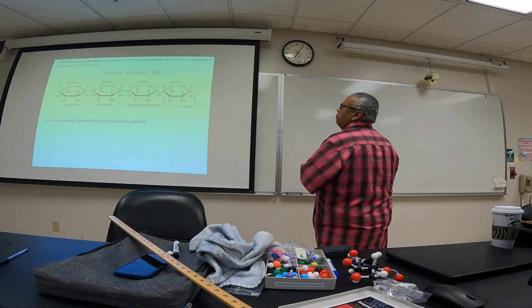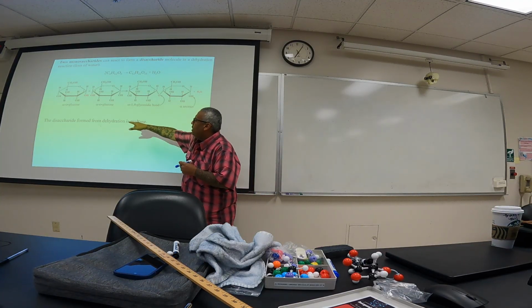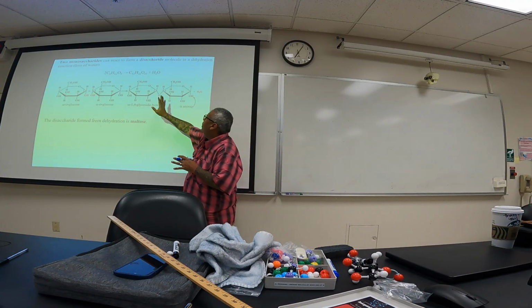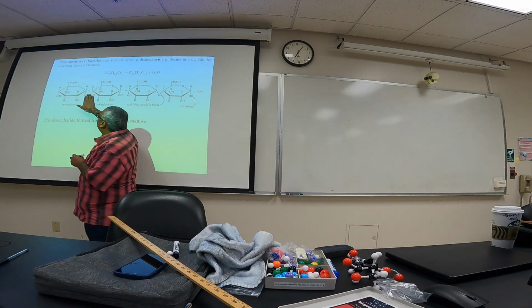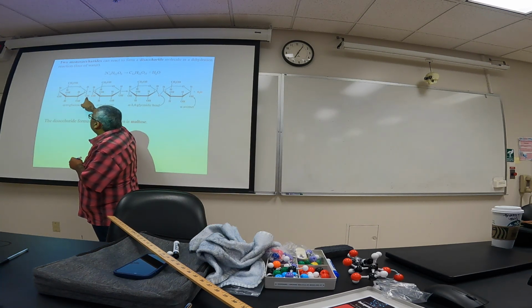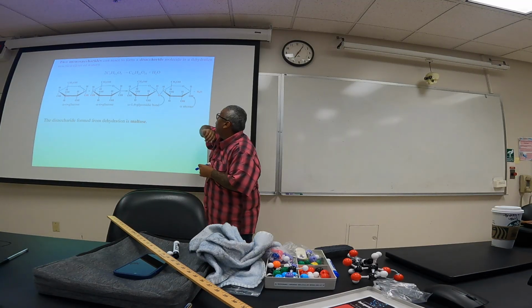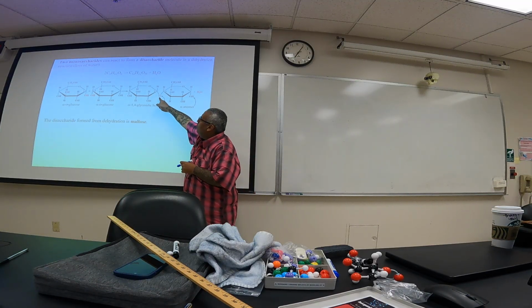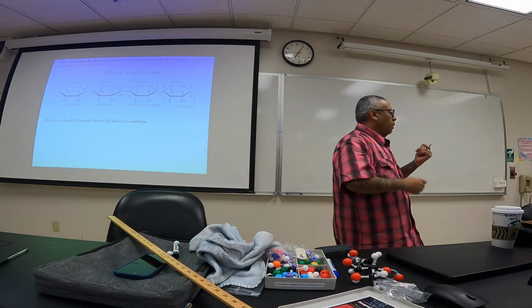Now, we go through this reaction through dehydration. Dehydration is how we get this reaction because here we see our water. Water is H2O, so we remove this hydroxide and this hydrogen, that gets our water, it undergoes dehydration, and we form this oxygen bridge that we call a glycosidic bond.